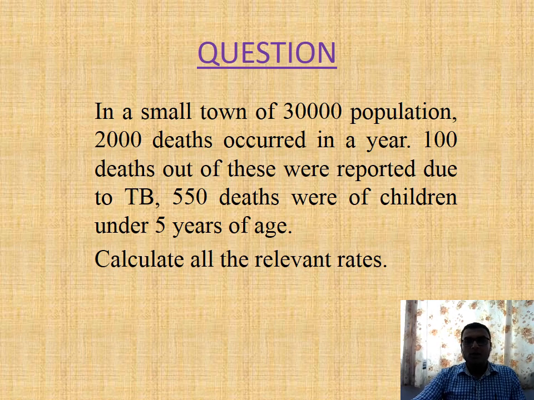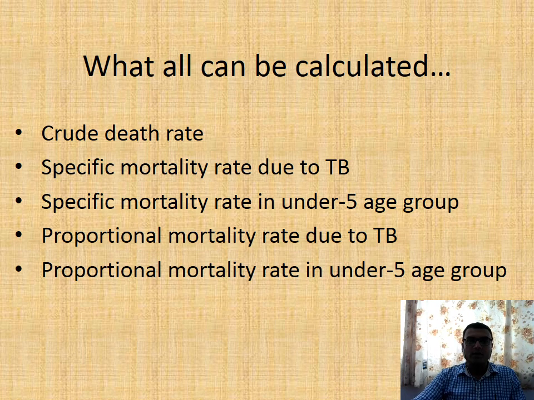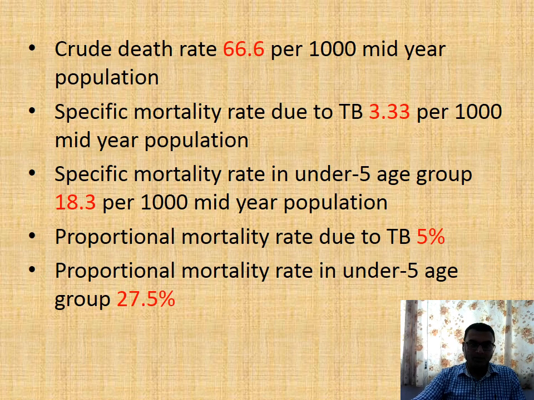Calculate all the relevant rates. Based on this scenario, we can calculate crude death rate, specific mortality rate due to tuberculosis, specific mortality rate in the under 5 age group, then proportional mortality rate due to tuberculosis and proportional mortality rate in the under 5 age group.